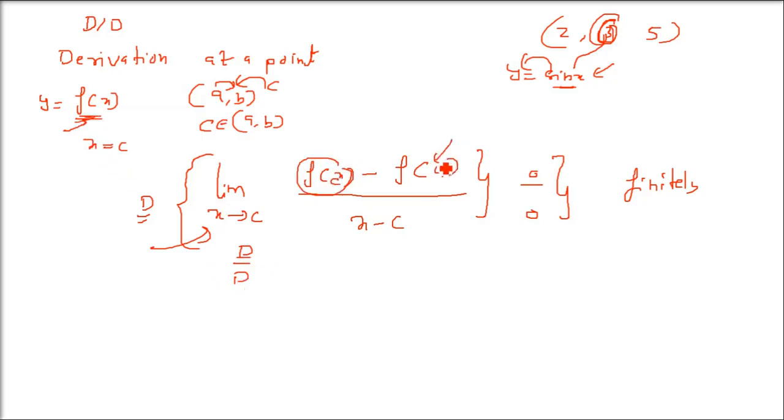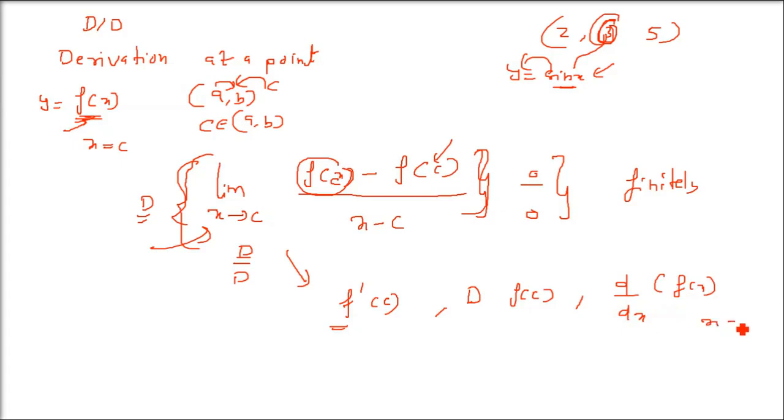Let me take you to the different notations of this. f'(x), and at a point, f'(c). The dash represents the derivative. You can also call it capital D of f(c), or d by dx of f(x), and f(x) is y, as I just took, so dy by dx at x equals c.